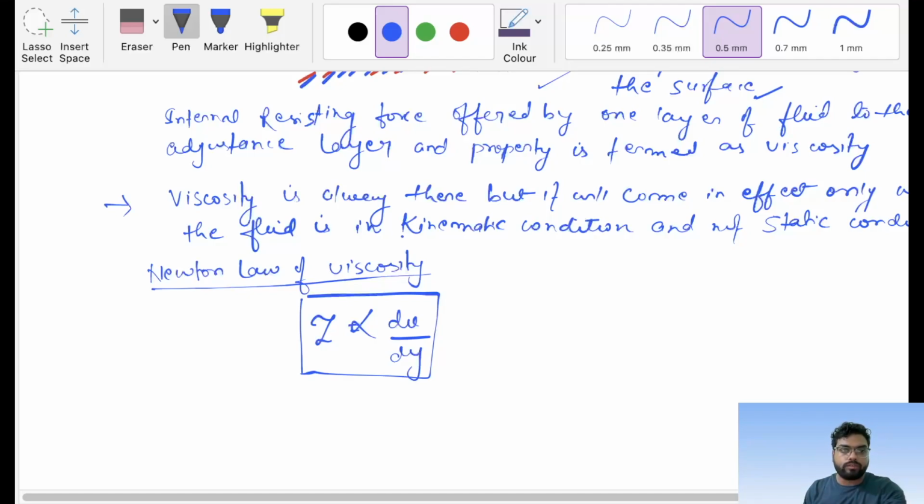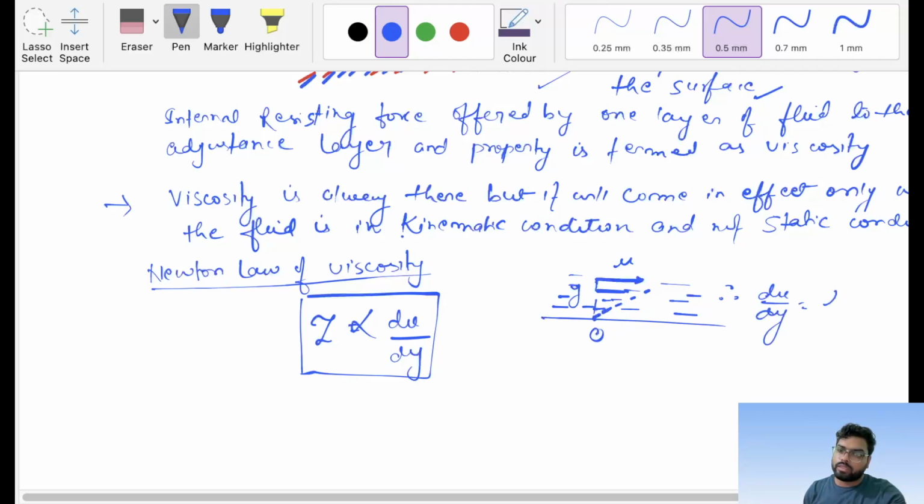Suppose we have a fluid flowing in this direction. At this point, velocity is zero, and gradually the velocity increases until it reaches the free stream velocity. Suppose it is u, and this distance is y. Therefore, for this condition, du by dy may be written as u upon y. This is a linear velocity profile.